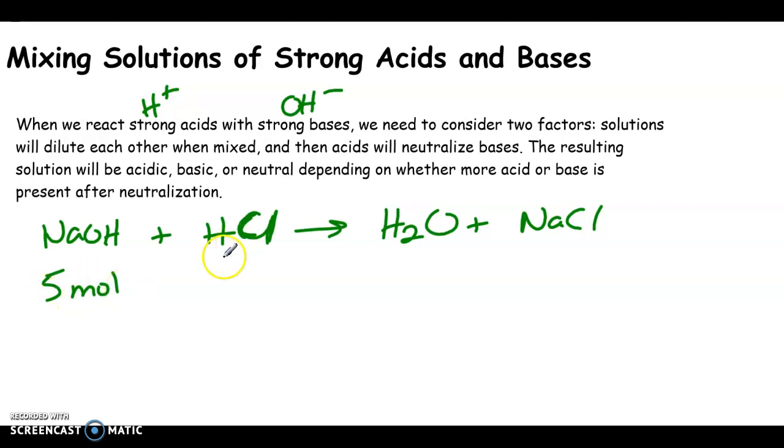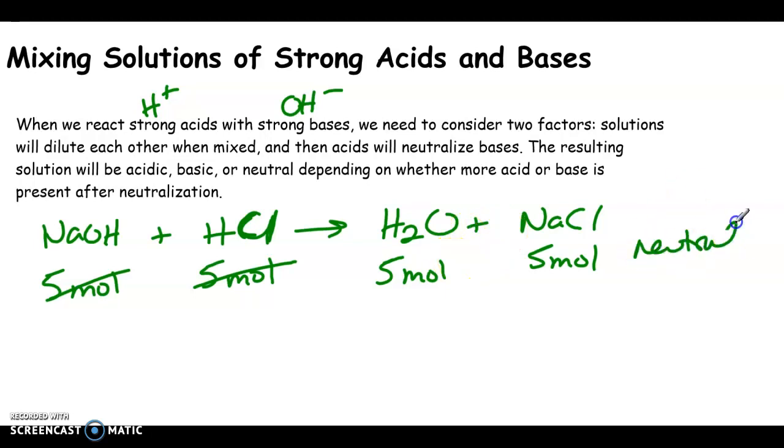So if I had 5 moles of NaOH and 5 moles of HCl, equivalent particles, that means that these would essentially fully react and all of that would become product. I'd have 5 moles of this and 5 moles of this. So this would then be a neutral solution because there was no remaining hydroxide or hydrogen left over from our acid and base. So if you have equal amounts of strong acids and strong bases that are mixing, you're going to have a neutral solution.